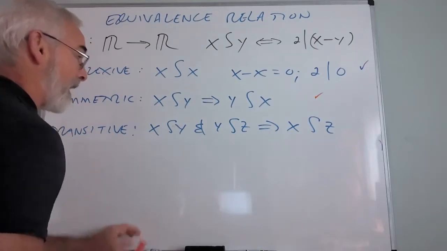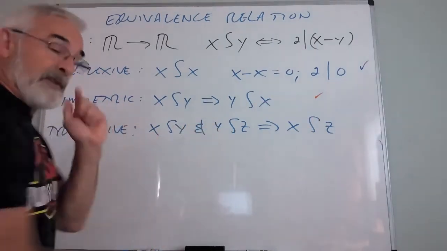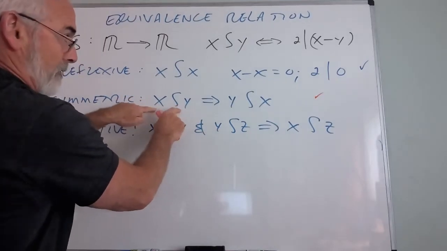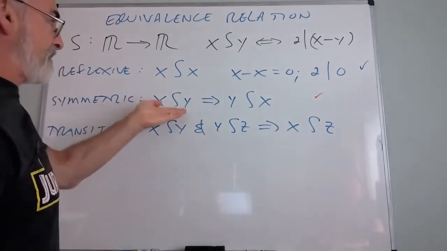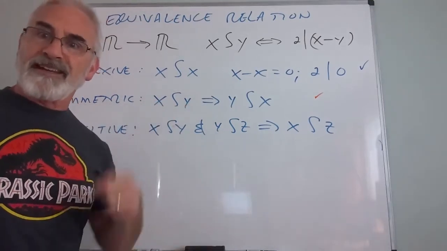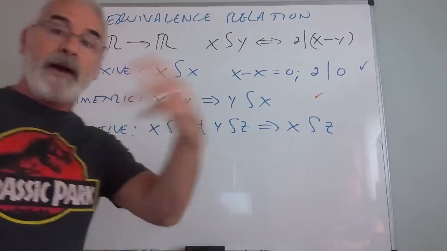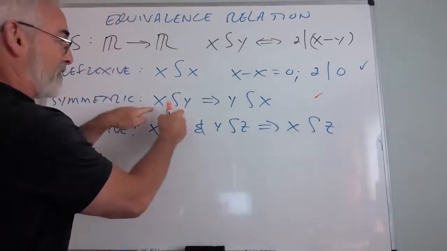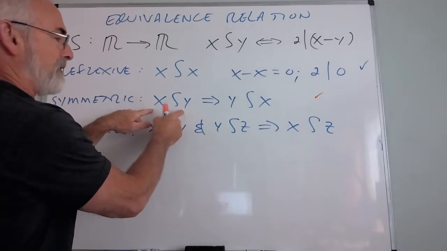We're going to start by assuming both of these statements are true. Here you started by assuming this was true. You're not saying that X is related to Y for all things. No, no, no. You're just saying if X is related to Y, then it's automatic that Y is related to X. That's what it means to be symmetric. It doesn't mean that X is related to Y for everything you can look at, not even close.